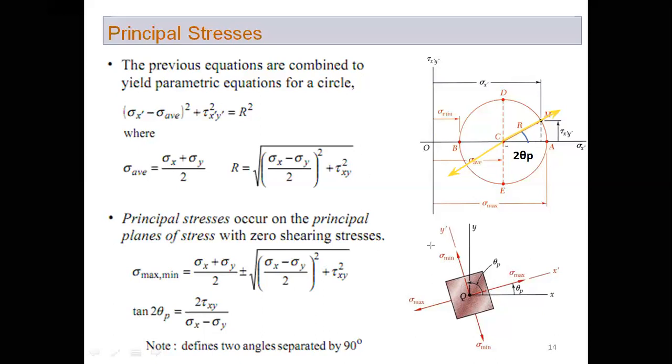This concept would be more clear when we talk about the Mohr circle. But remember that we have developed these stress transformation equations, and you would be using this analytical model to find out the principal stresses and the orientation of the principal planes.